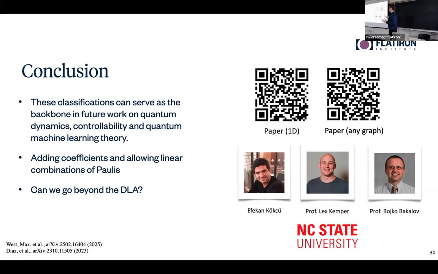For the future, coefficients and linear combinations of Paulis would all be very exciting. But I don't know if you can actually do any classifications, because the space just becomes so massive, and I think it will be hard to reduce this to something tractable. And finally, can we go beyond this dynamical Lie algebra picture, because it is very coarse.